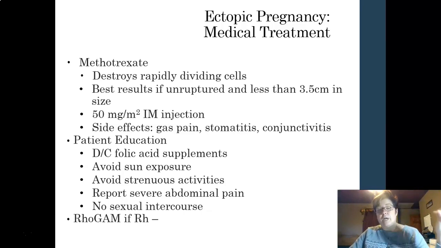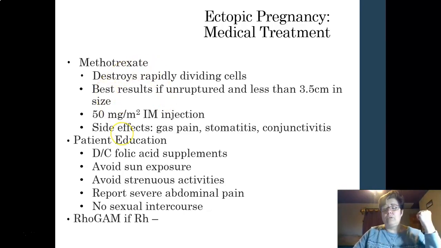It is one injection initially, and basically what it does is it destroys any rapidly dividing cells, which is what a pregnancy is. So it basically terminates the pregnancy and causes the fertilized egg to basically just destroy itself and get released and passed through with the bleeding, okay?